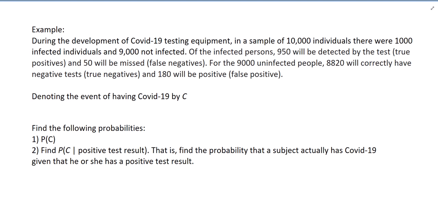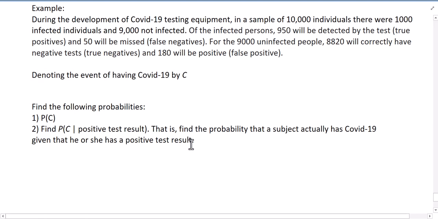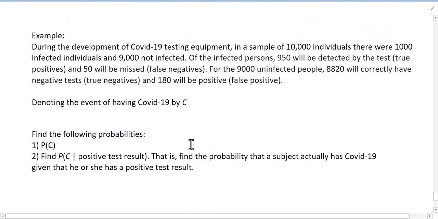So denote the event of having COVID-19 by C, and find the following probabilities. The probability of having COVID-19, and then the probability of having COVID given that a positive test result was had. So how do we do this? And so notice again that this is how you're going to get a probability problem, and it's a little overwhelming.